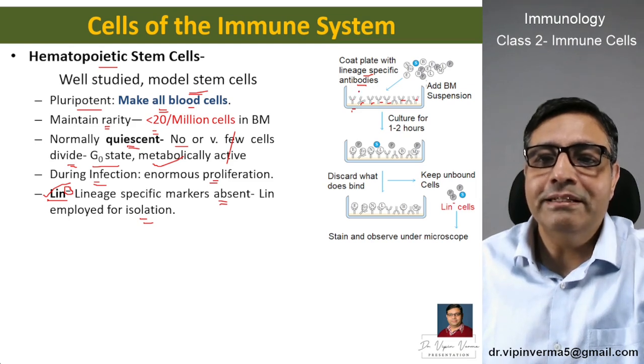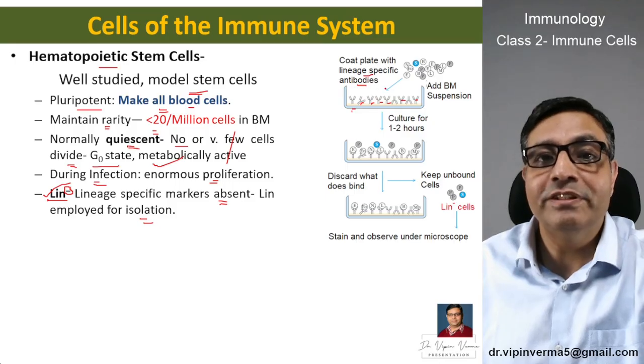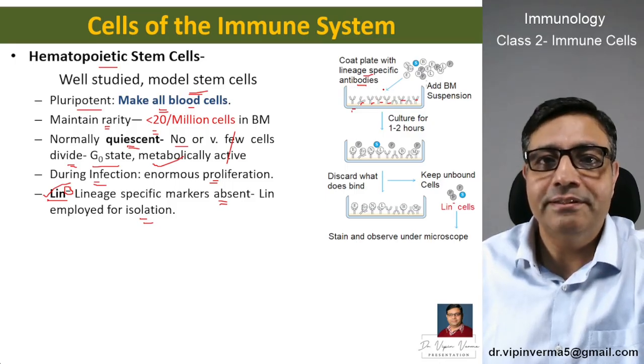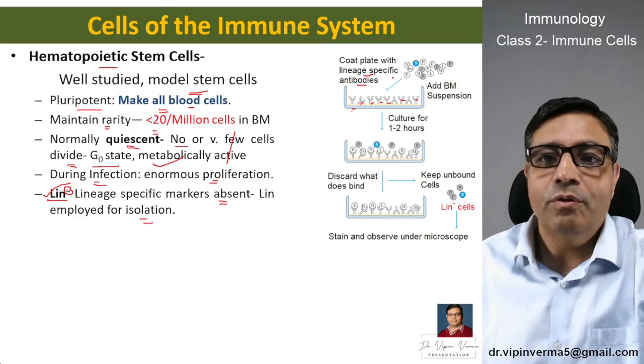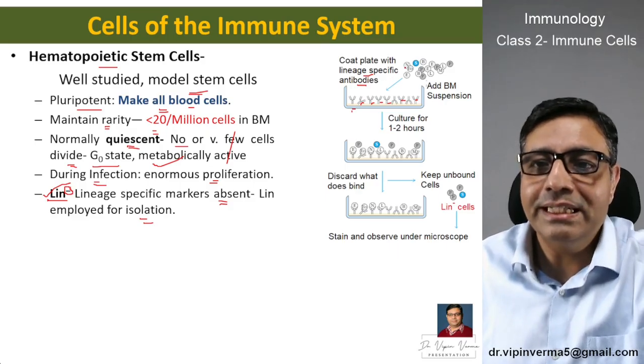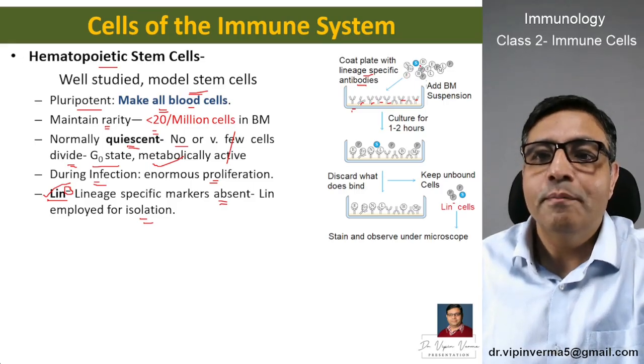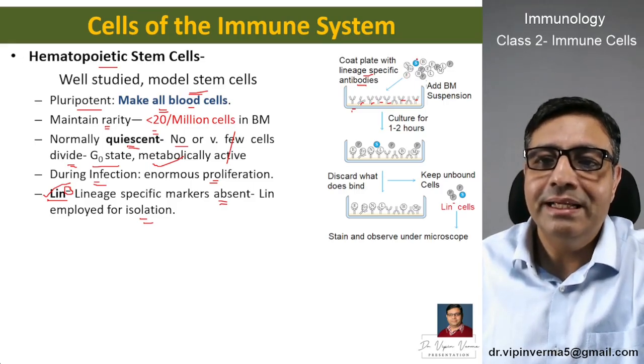That means some will bind to some cells, others will bind to other cells which are fully differentiated. Okay, so now here you can see the different cells, like N stands for neutrophils, E stands for eosinophils, but this sky blue color cell is S, and this is the stem cell.